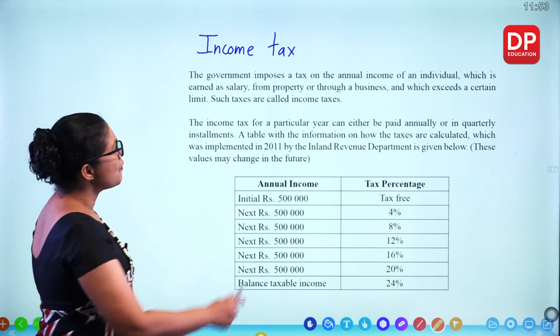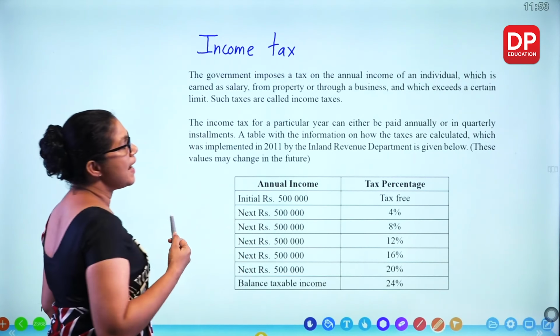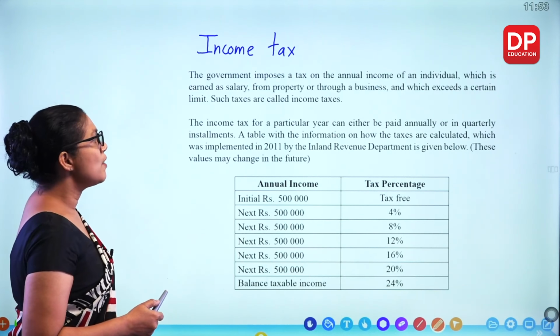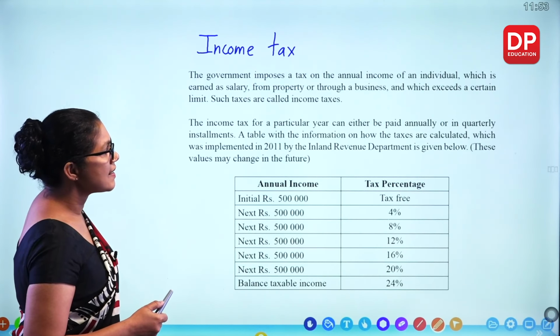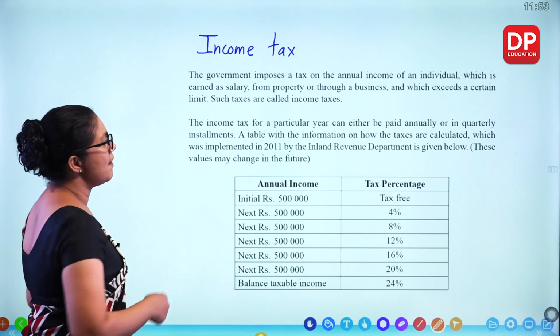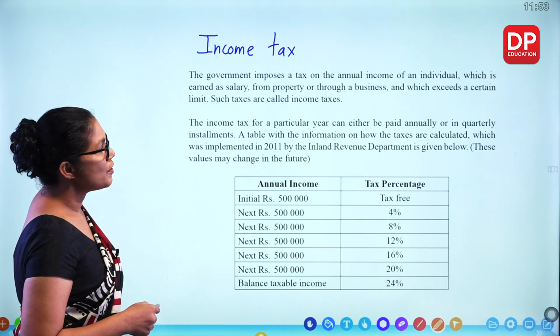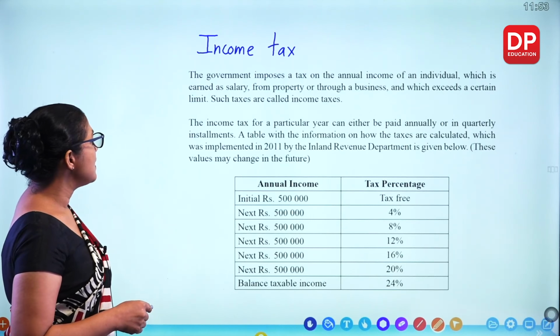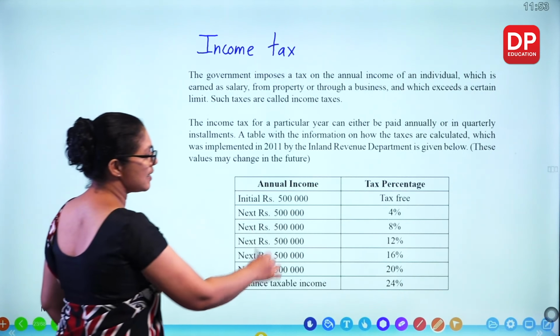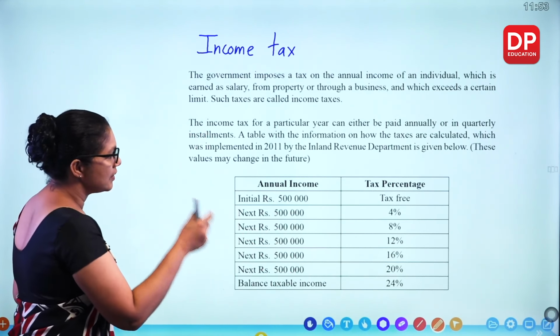The income tax for a particular year can either be paid annually or in quarterly installments. A table with information on how the taxes are calculated, which was implemented in 2011 by the Inland Revenue Department, is given below. These values may change in the future, but still they are using the same percentages.